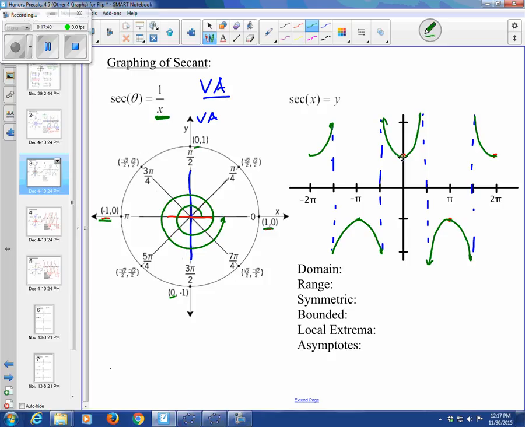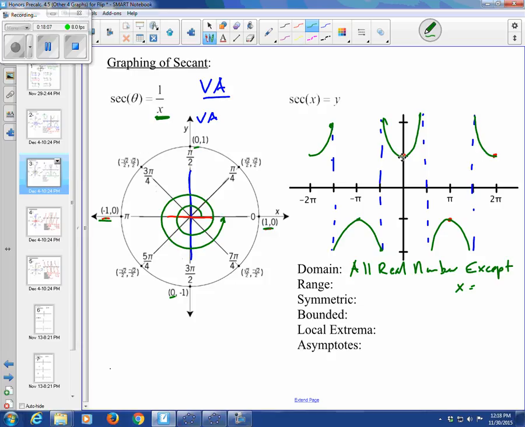Now right here we can do a little bit of quick analysis. We can say that our domain is basically going to be all real numbers except for the real numbers that are giving us 0 in the denominator. So this is all real numbers except for the rotations that are giving us 0 in the denominator.